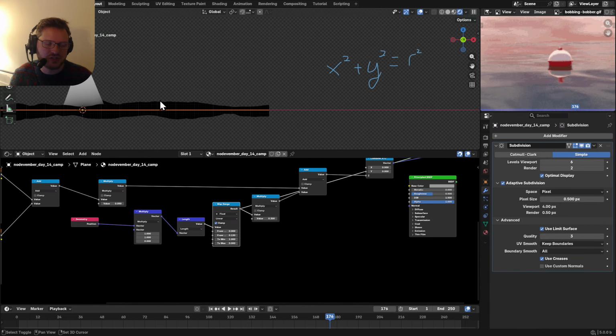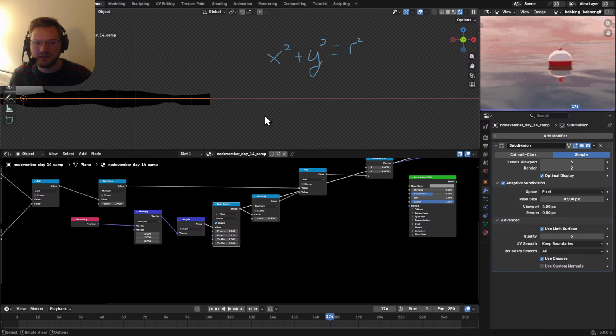And what do I want to do? I want to know how the radius should change as the xy changes. So the radius is going to be the square root of x squared plus y squared, equal to r.